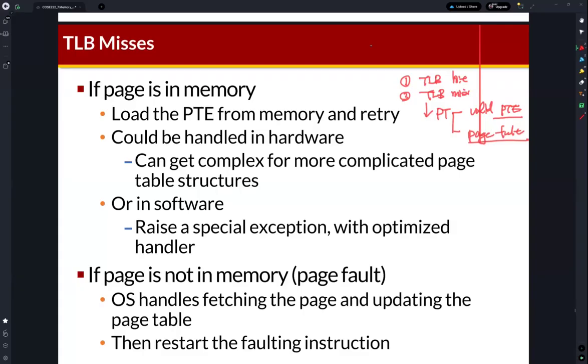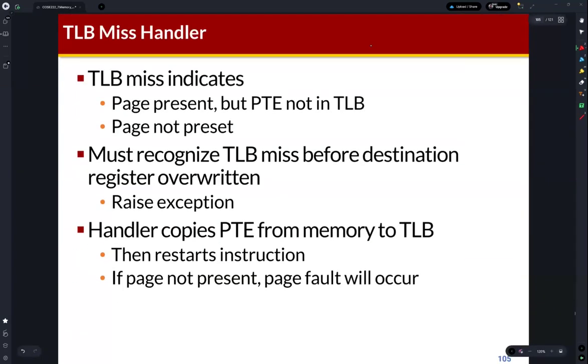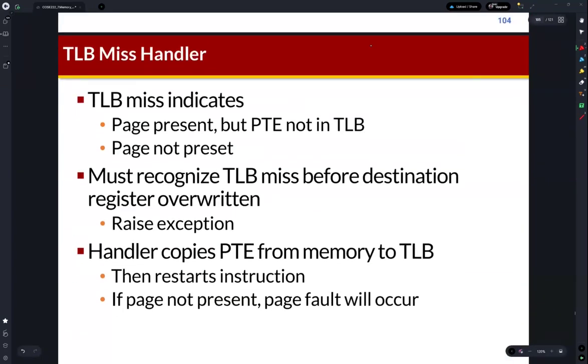Okay, so this slide just explains these scenarios. Usually the TLB miss can be handled by hardware. Sometimes the TLB miss can also be handled by the operating system, which means the TLB misses can be handled like exceptions, right?